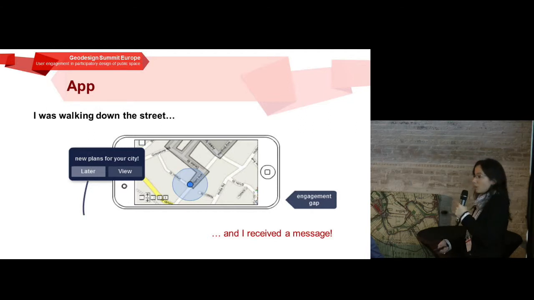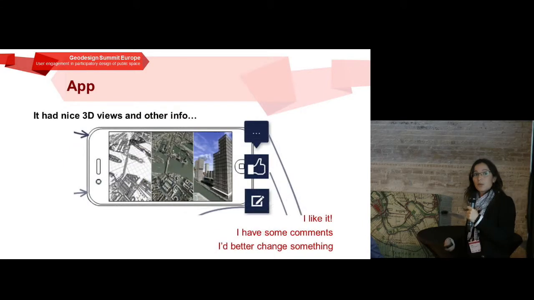So then, how could it work? I'm the citizen, I'm walking down the street, and suddenly I enter an area that is going to be developed, and then I get a message. I can open that message and I will find a lot of information there. We suppose that information should be very understandable, nice, attractive for the user, so he really can understand what he's seeing.